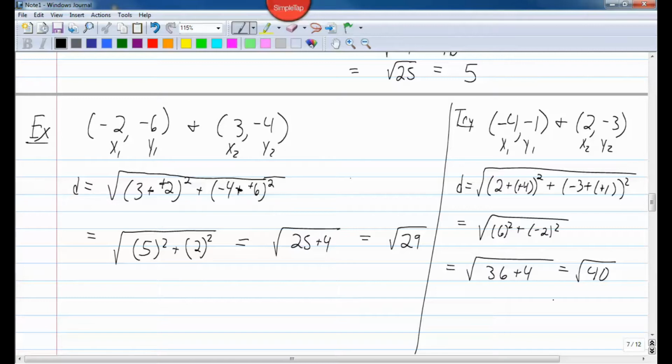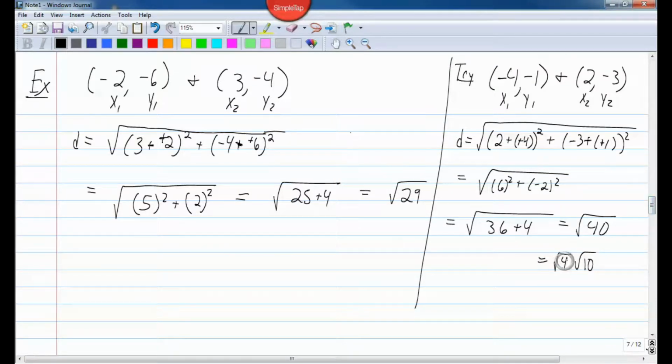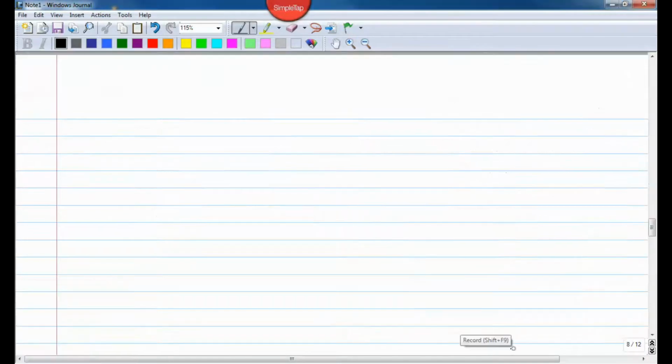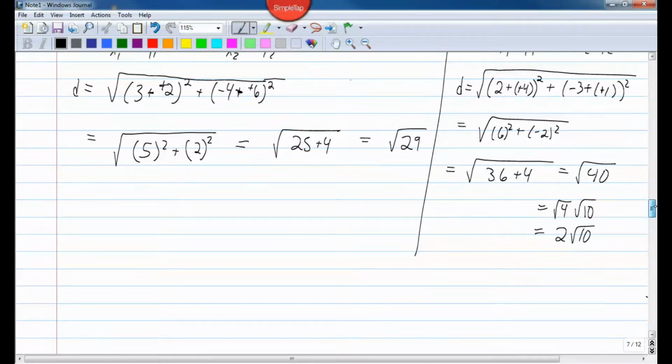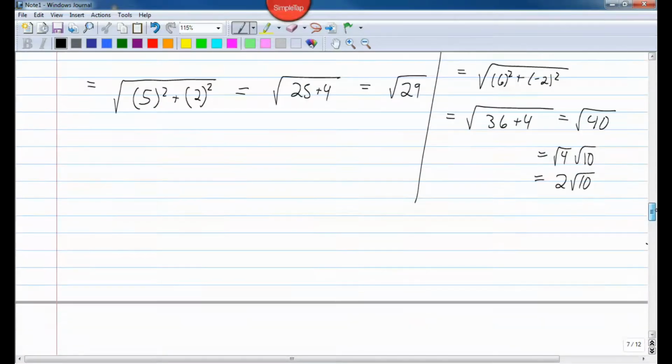I don't want to leave my final answer like that because that will reduce. That's the square root of 4 times the square root of 10, because 4 times 10 is 40, and the square root of 4 is 2. So that's 2 square roots of 10. Alright, so that answer was 2 square roots of 10 after you simplify.